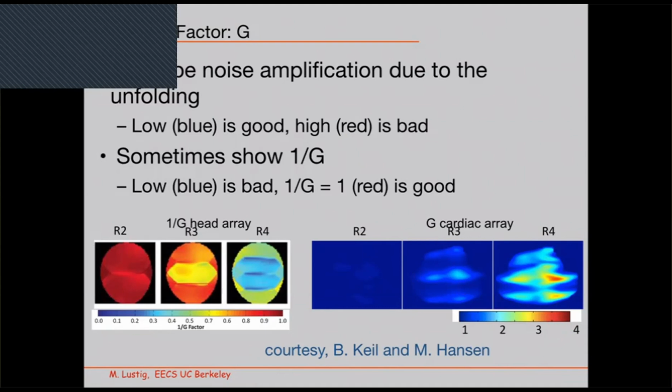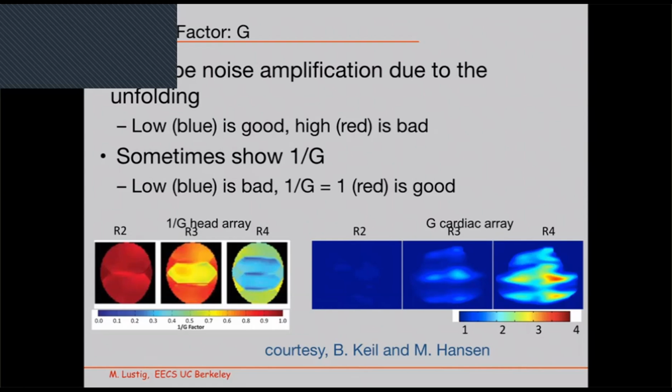Now, sometimes you would display 1 over G. The reason is that G factor goes from 1 to infinity, but this dynamic range is not very nice to display. So if you present 1 over G, you present the retained SNR as opposed to noise amplification. And so 1 is good.